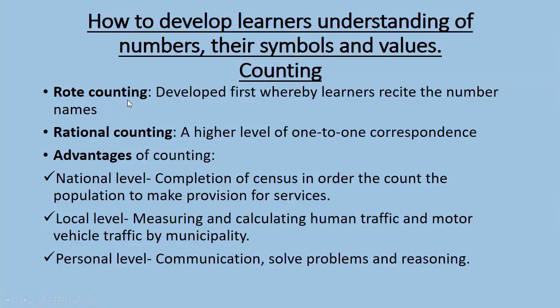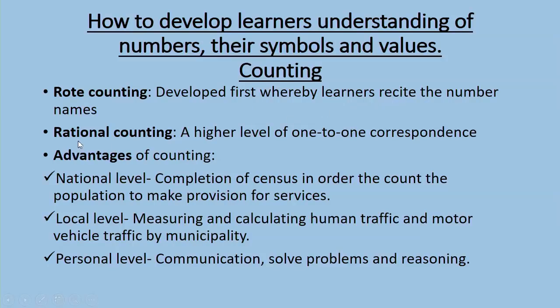So rote counting is developed first in any child. We know that many of our children, as they grow up, start counting 1, 2, 3, 4, 5, up to 10 maybe, but the child still does not have a concept of how many 10 is, how many 5 is. It is just simply reciting the numbers.